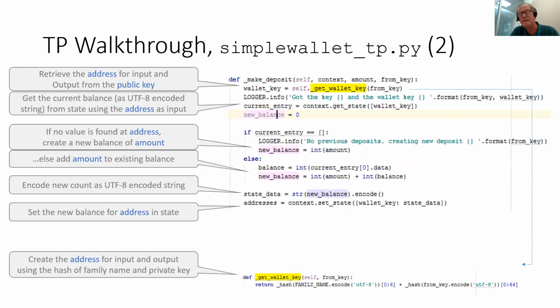First 6 hex characters of that, and then we have the hash of the public key, truncated as the first 64 hex characters. So the entire address is 6 plus 64, 70 hex characters, or 35 bytes.